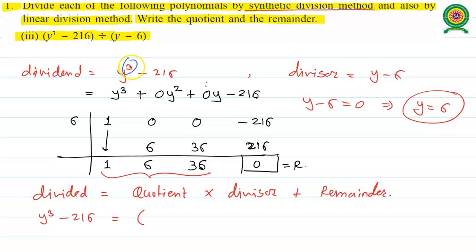The dividend has degree 3, so the quotient has highest degree 2. So 1y square plus 6y plus 36 is our quotient, into our divisor, which is y minus 6, and plus remainder, which is 0.